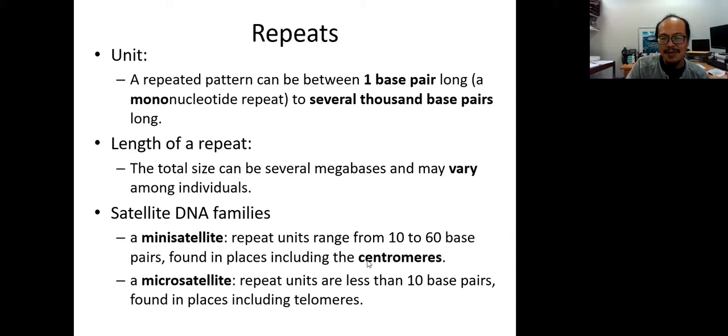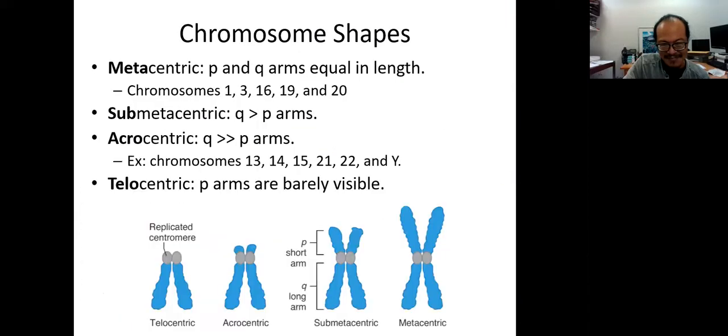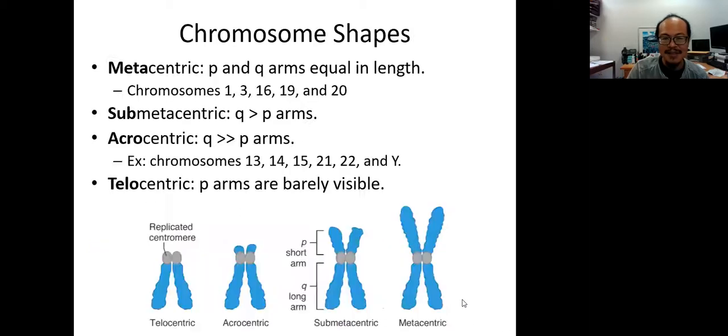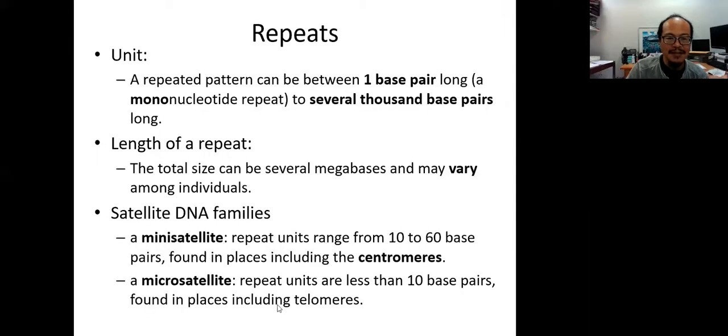We see these repeats more commonly in the centromere. If the unit is less than 10 base pairs, like in the telomere, TTAGGG, so that's 6 codes, right? This kind of repeat is called a microsatellite.